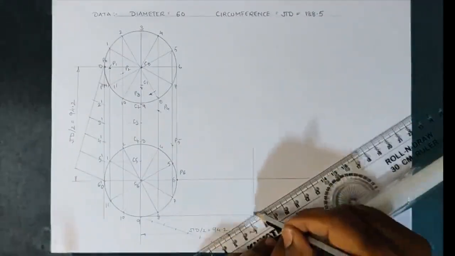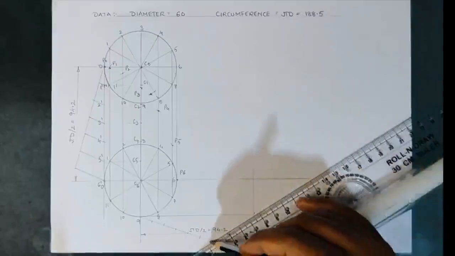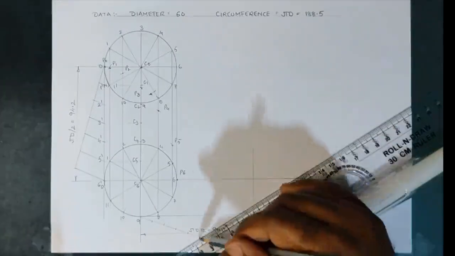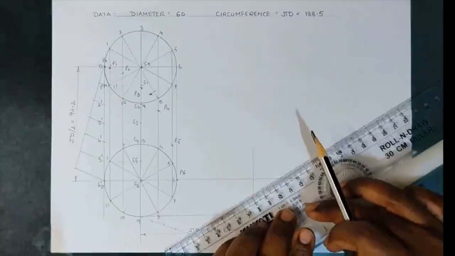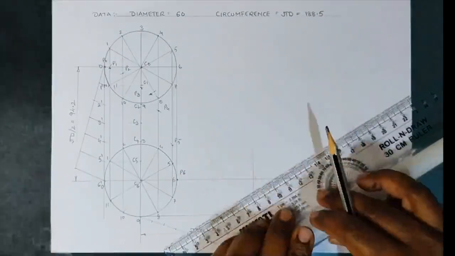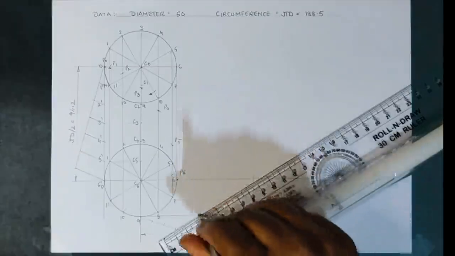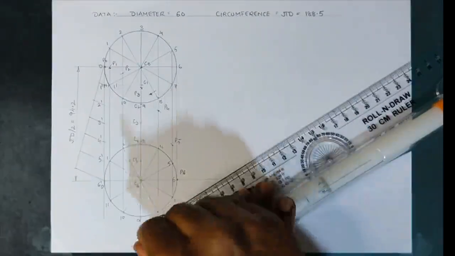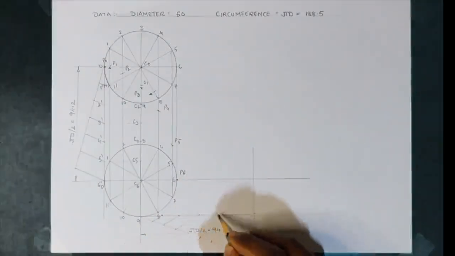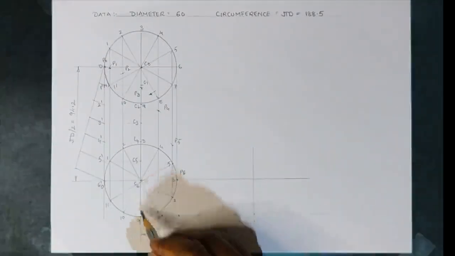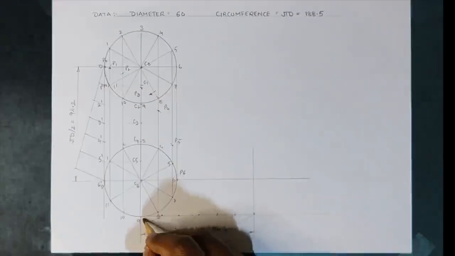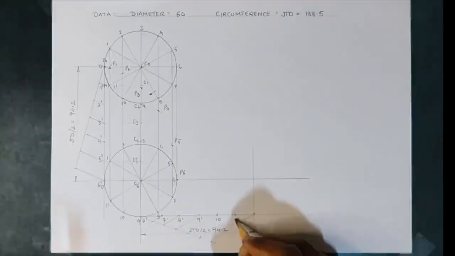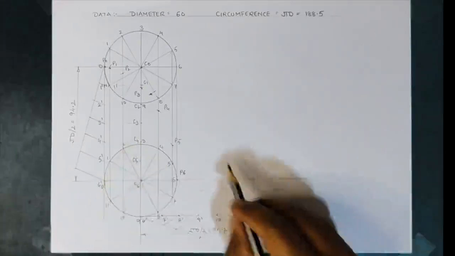Join the last division with the end of the line, and then using a roller scale make parallel lines through the divisions I had marked earlier. So I get 6 equal divisions on the distance of half the circumference, and you can see that these are points 6 to 12.